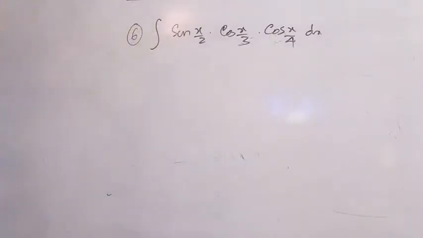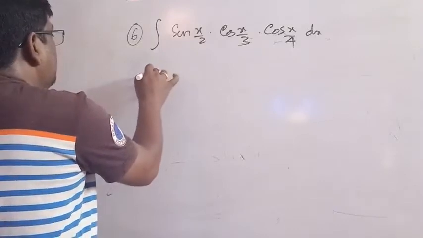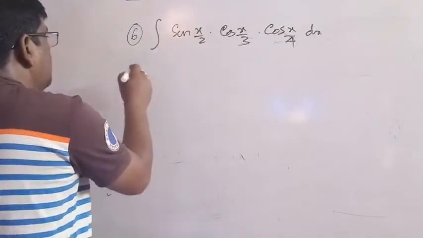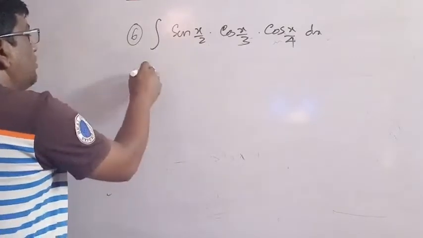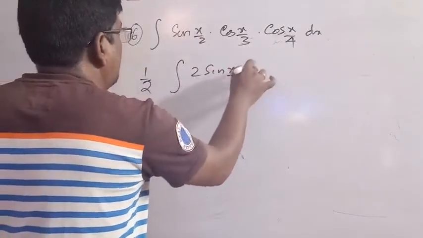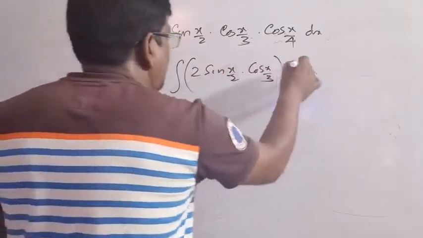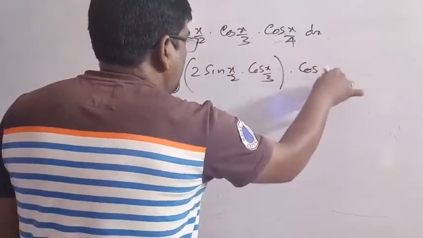Okay, so we have to do question number 6. We have this 1 by 2 sin x by 2 into cos x by 3, use bracket this, and cos x by 4 dx.